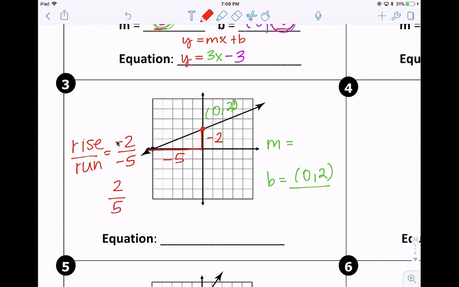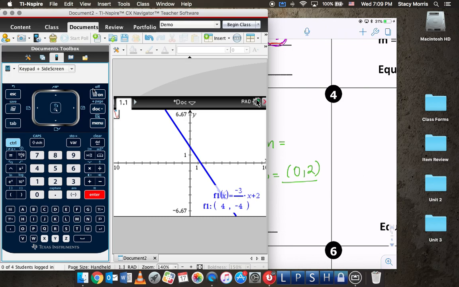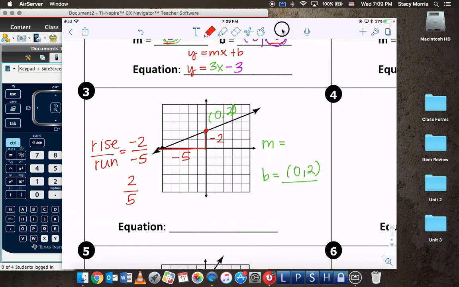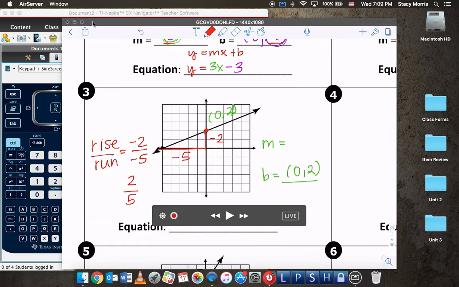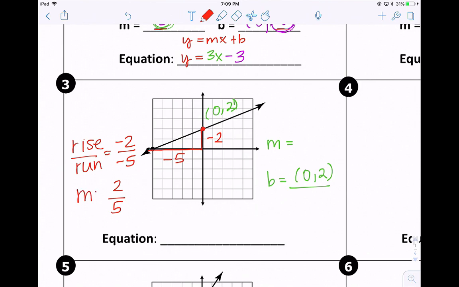If you weren't sure what happens with that, don't feel bad, just use your calculator. There's nothing wrong with using your calculator to check that. So if I just go to the scratch pad real quick, -2 divided by -5, enter, there my calculator will simplify it for me. So even if you do it without a calculator, just check it. Okay? So our slope, or our m, is 2/5.